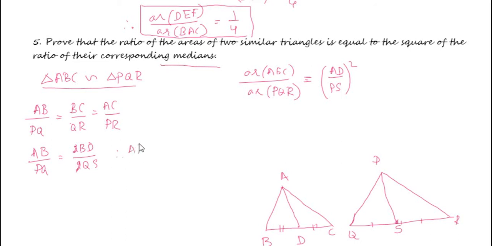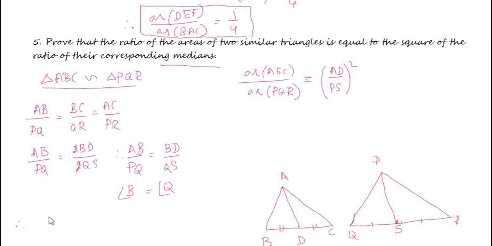Therefore, AB by PQ is equal to BD by QS. And since triangle ABC and PQR are similar, angle B equal to angle Q. Therefore, now in triangle ABD and PQS, we have AB by PQ equal to BD by QS, and included angles are equal. Therefore, these two triangles are similar.